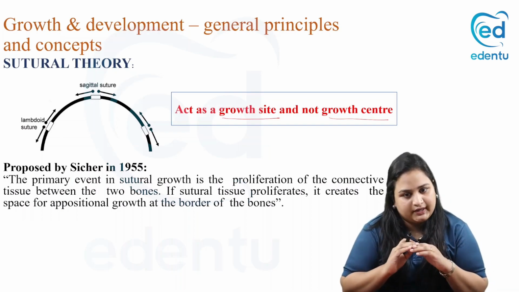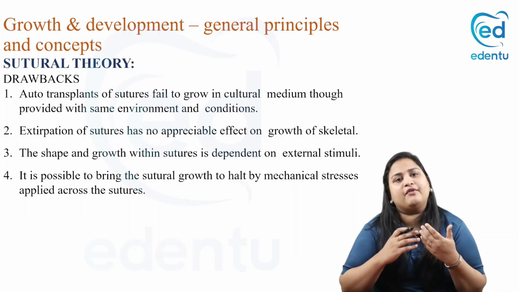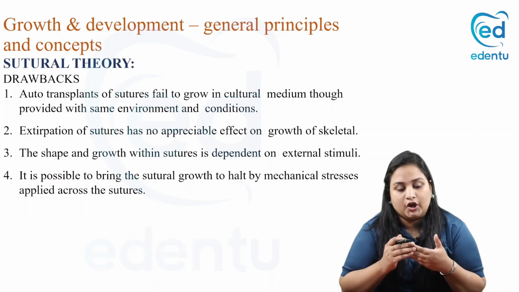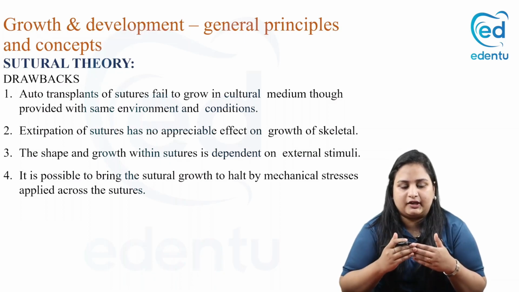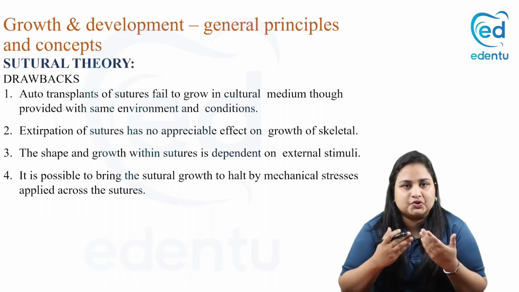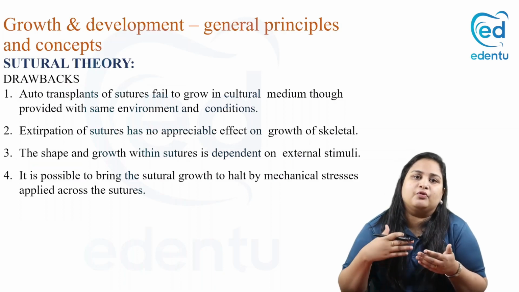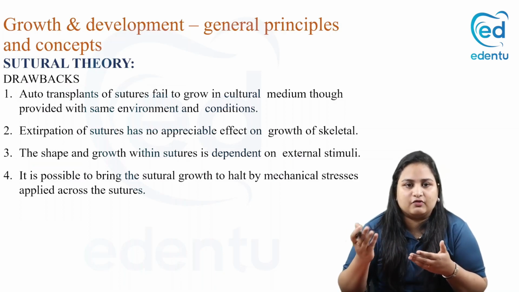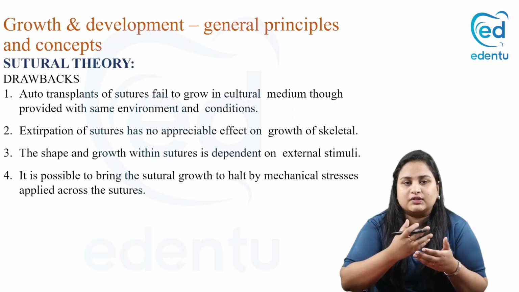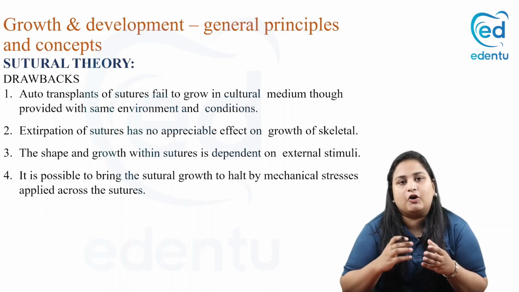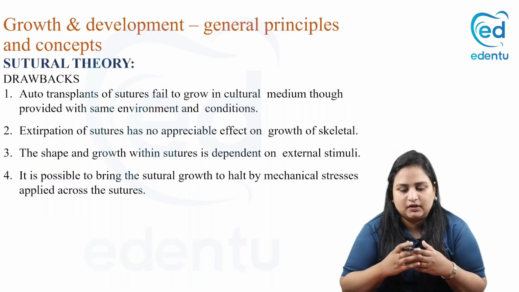Moving on, we have a few drawbacks of this theory, as research progressed and gave us the notion that autotransplants of such sutures overall failed. In an in vivo test in which the sutures, or the growth sites of such sutures, were replaced or placed in other mediums, they didn't grow well.